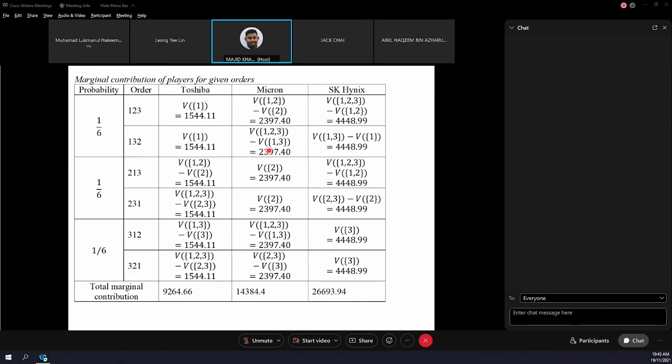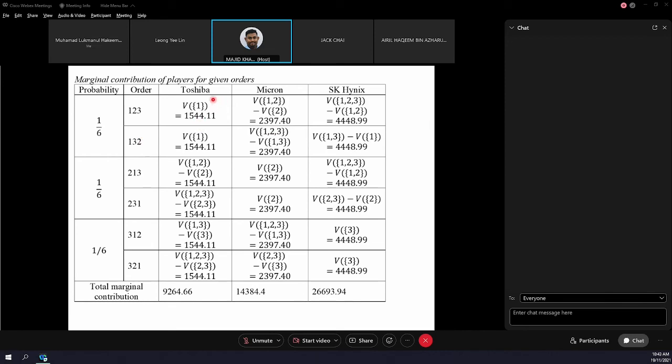So next, if you look at the third one, after 3, player 2 came in. It means now it's already a different order. For the third combination, look here.